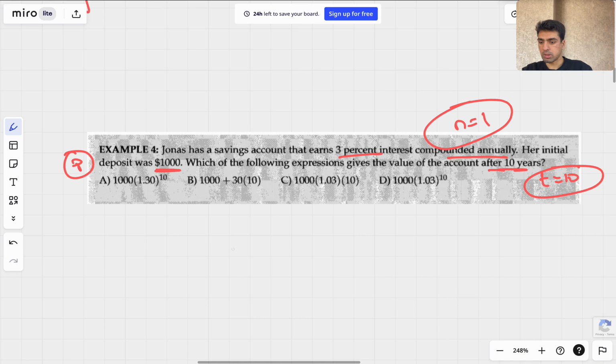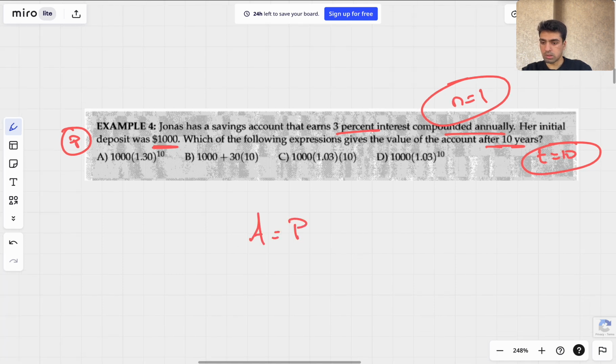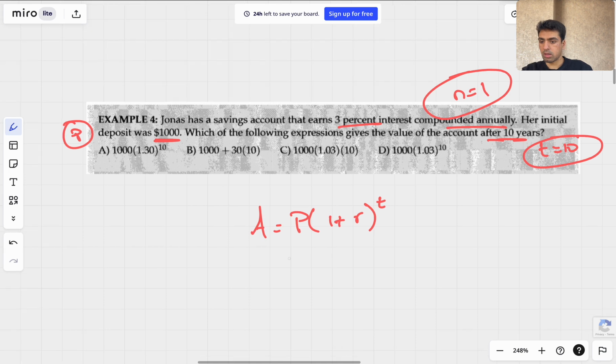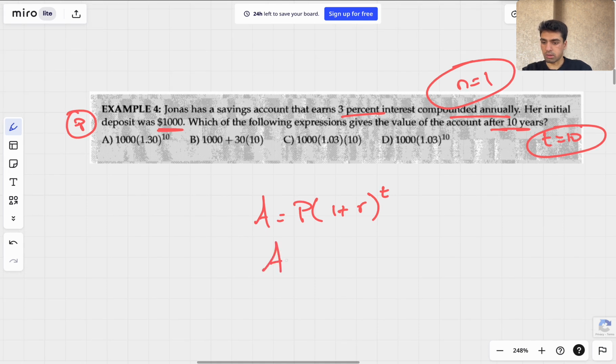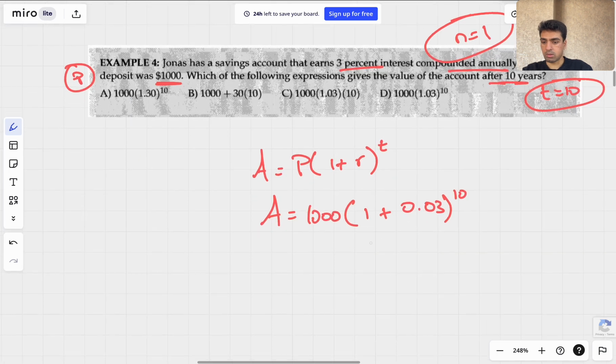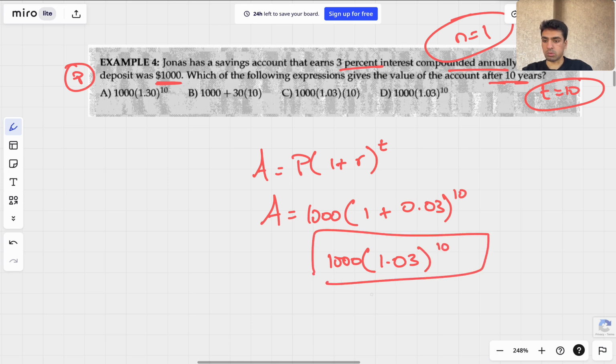The formula is A equals P times (1 plus R) to the power of T. We have the principal, which is 1,000, the rate, which is 3%, you can write that as 0.03, and the time is 10 years. You get 1,000 times 1.03 to the power of 10. That's what you will get, and that will be your answer.